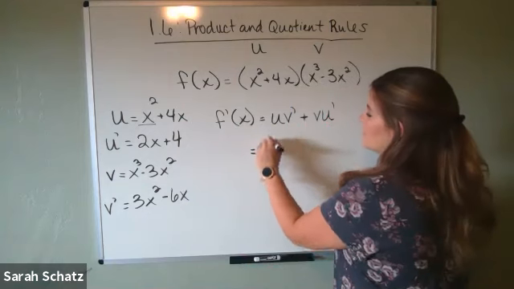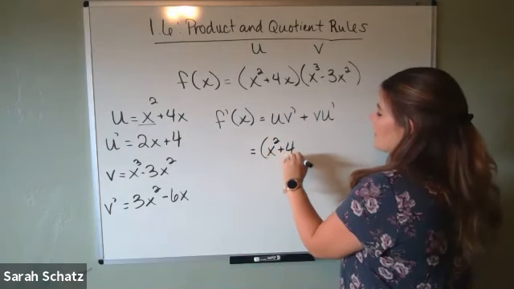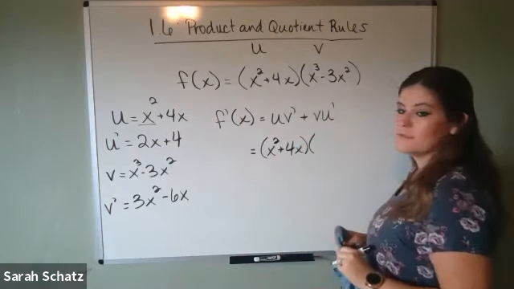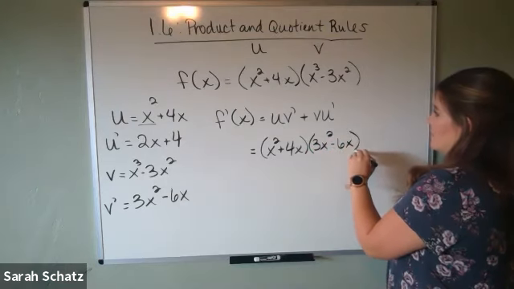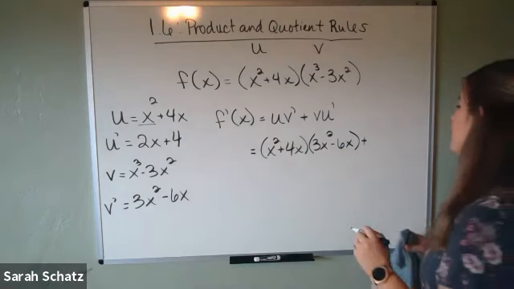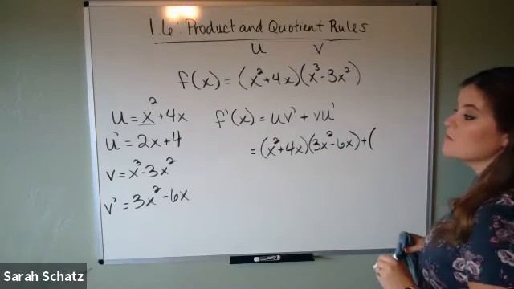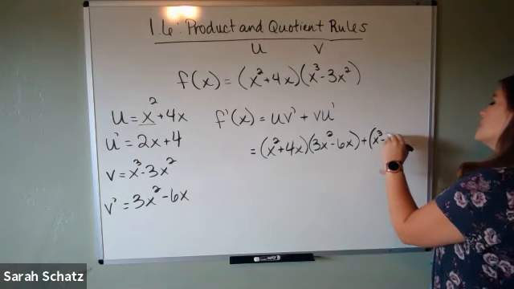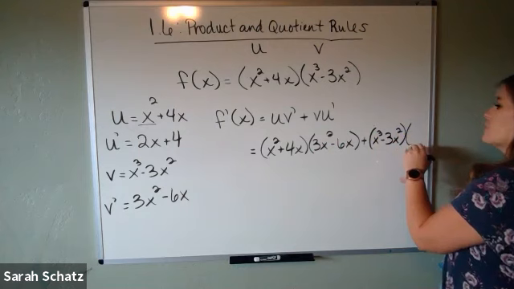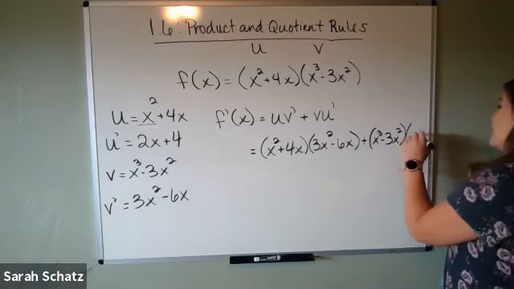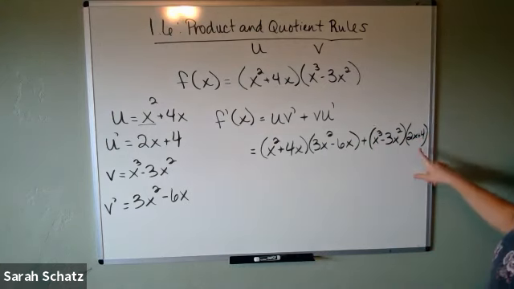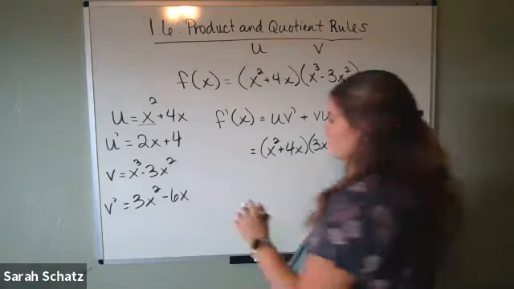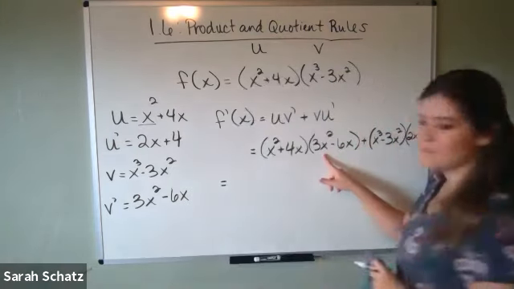So original u is x squared plus 4x times derivative of v, 3x squared minus 6x, plus, I'm going to run out of room, original v, x cubed minus 3x squared times derivative of u, guys, 2x plus 4. That is du.